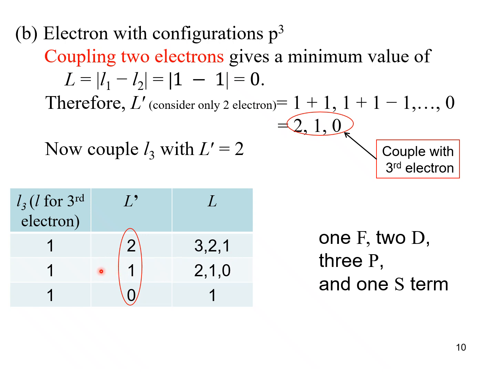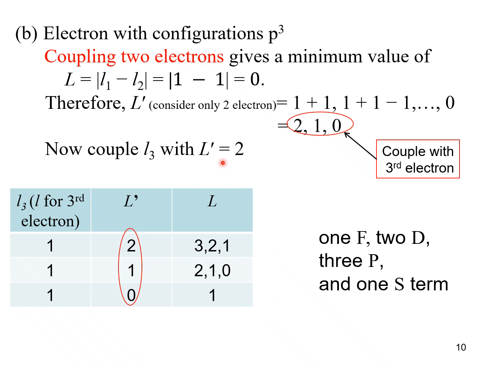Similarly for the next coupling, 1 plus 1, we get 2. 1 minus 1, we get 0. 2 minus 1 will be 1, and 1 minus 1 comes to 0. And the last one, 0 plus 1, we get 1. 0 minus 1, we get minus 1. We have to ignore minus 1 because the quantum number must be a non-negative integer.